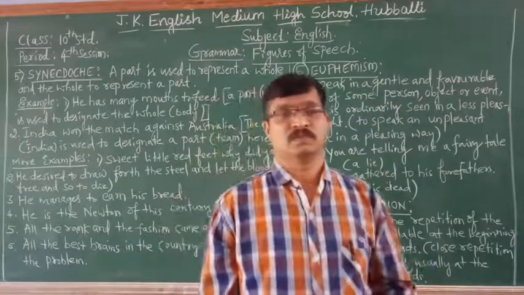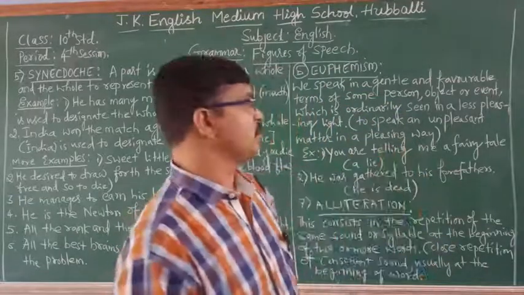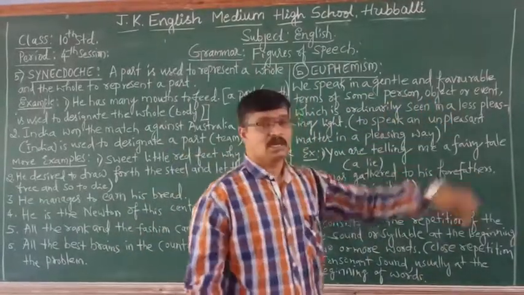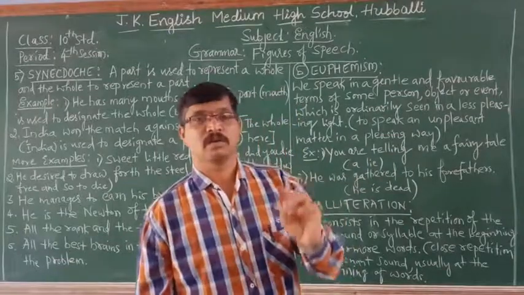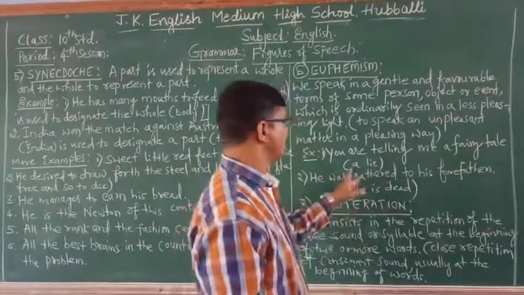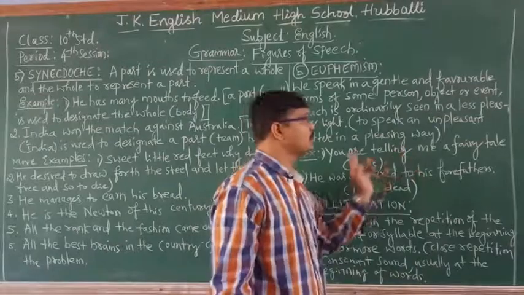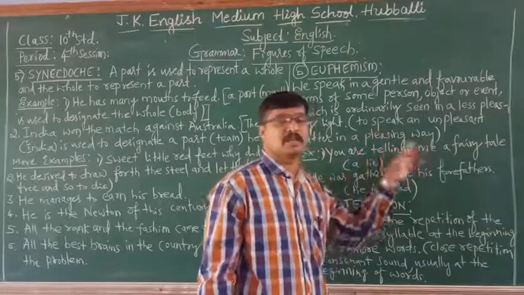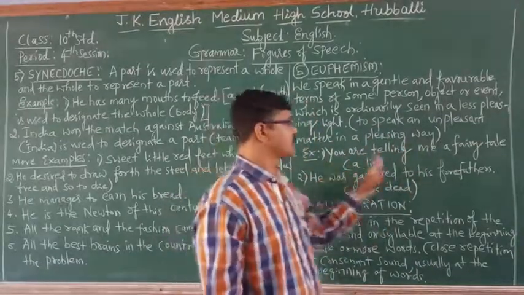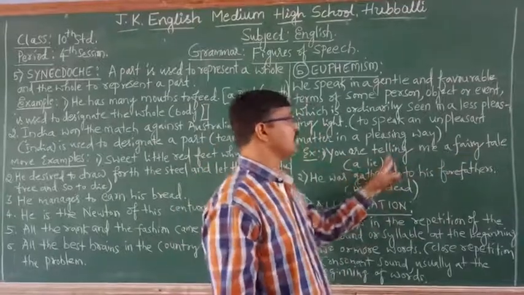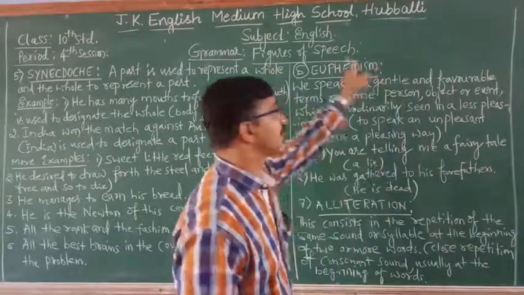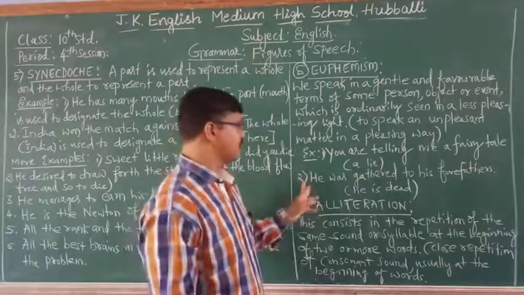Not true. You are telling me a fairy tale means what he is telling is not correct. It's a lie, but it is not mentioned in a bad manner, in a gentle manner. It is saying you are telling me a fairy tale. That is euphemism.